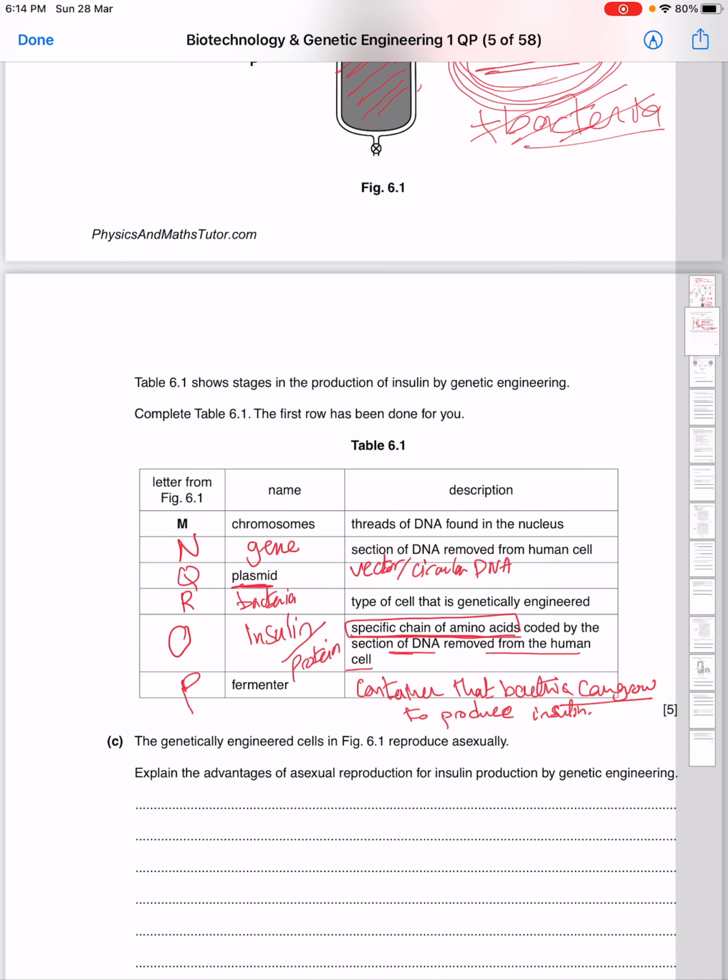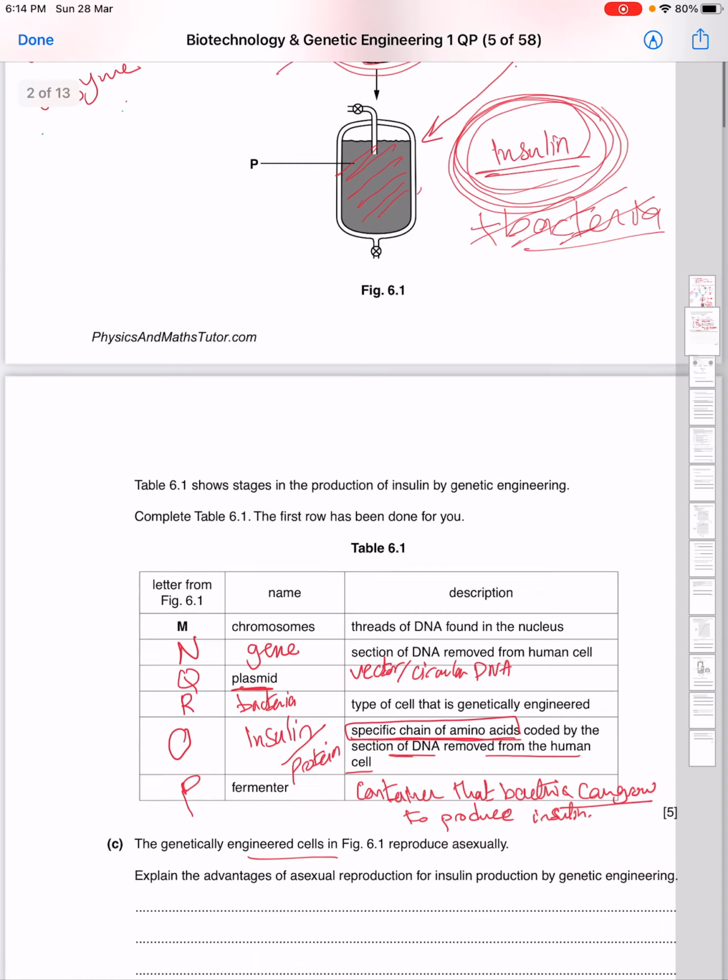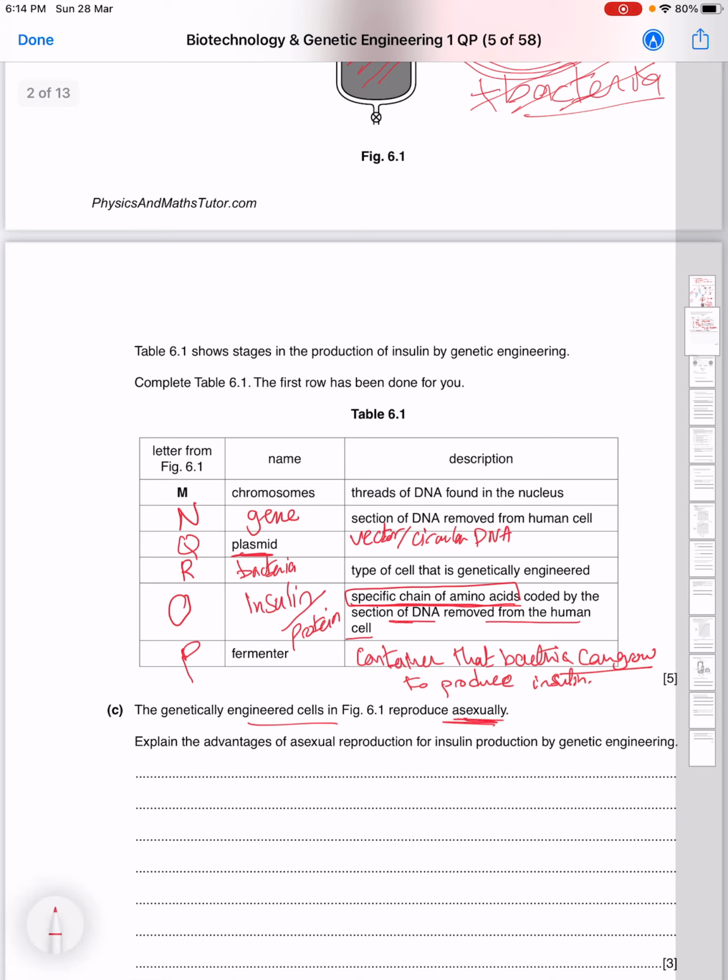The coming question is asking that the genetically engineered cells, like this bacterial cell, are obviously reproducing asexually, and it's bringing us back to the advantage and disadvantage of asexual reproduction for insulin production by genetic engineering. What's the advantage of using this technique, asexual reproduction of bacteria, to produce insulin? That's a 3 marks question, so I need to go into some more detail.